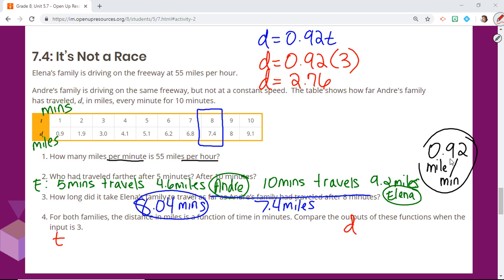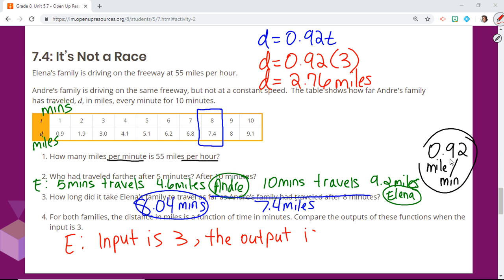But again, we're specifically talking about distance, so it's 2.76 miles. So for Elena's function, when the input is 3, the output is 2.76, and that's for Elena.